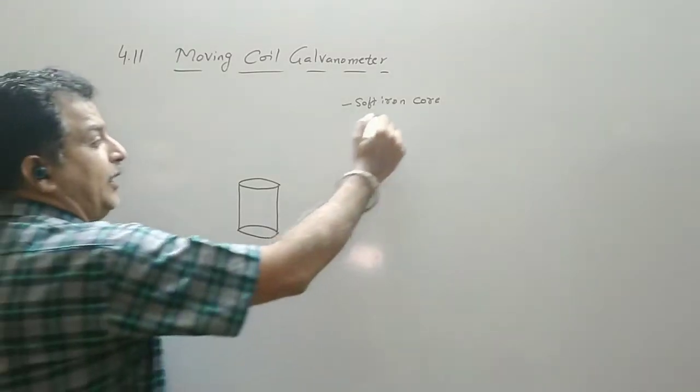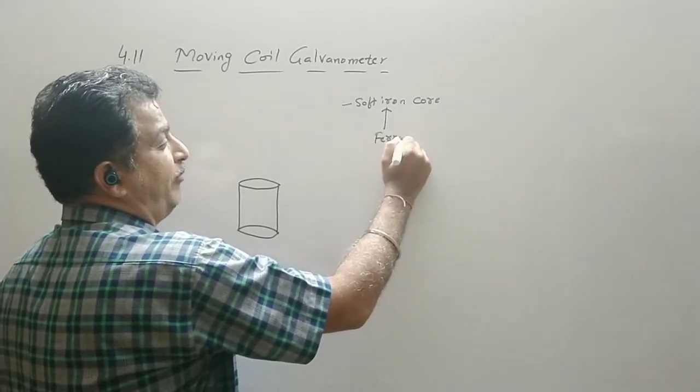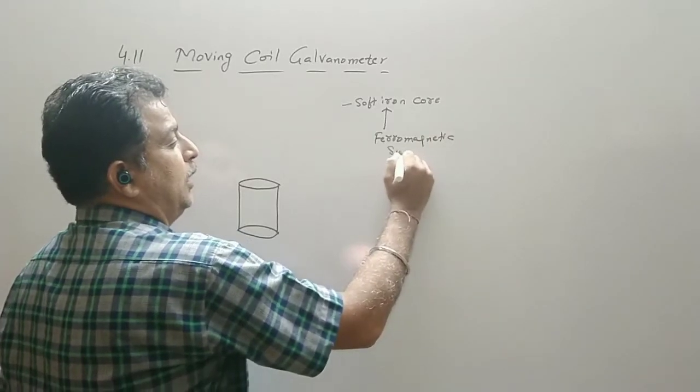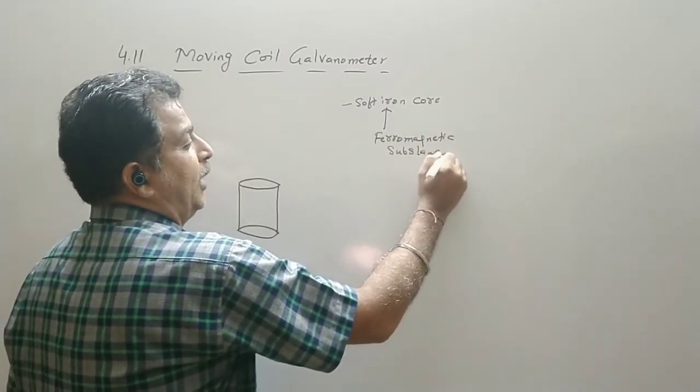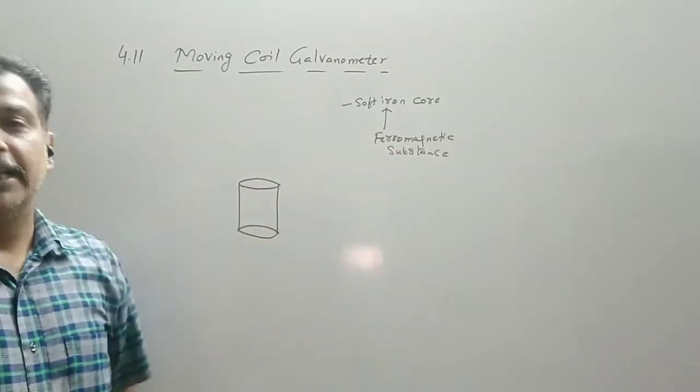Now why do we take a soft iron core? Because it is a ferromagnetic substance, and a ferromagnetic substance is magnetized easily as compared to para or dia. Dia cannot be magnetized. However, this is a ferromagnetic substance because it is magnetized very easily.